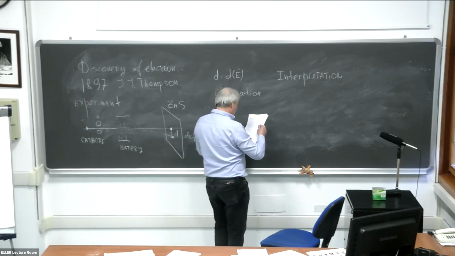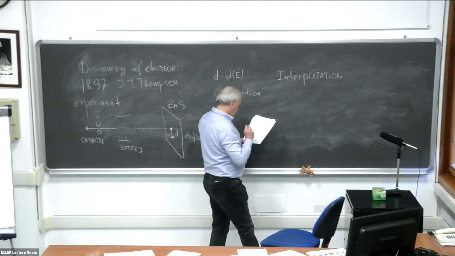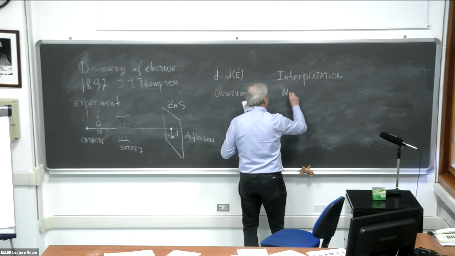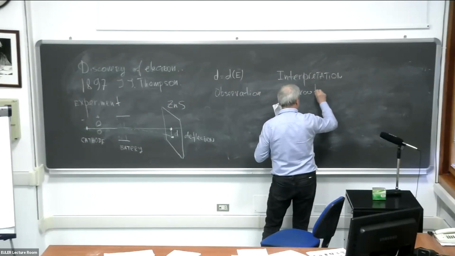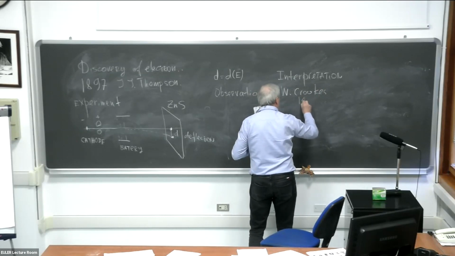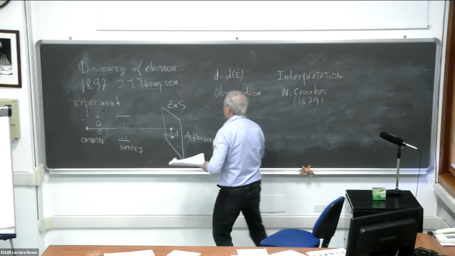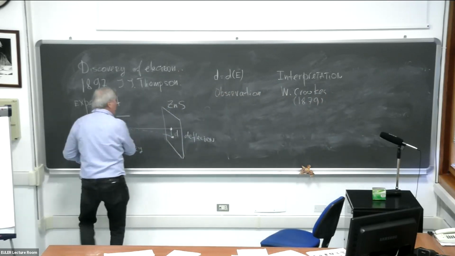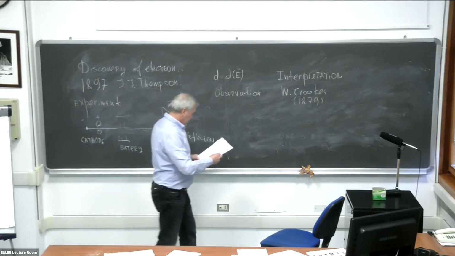The interpretation was the following. Actually, it was proposed even before J.J. Thomson by Crookes, who was saying in 1879 that these cathode rays are fluxes of particles, fluxes of charged particles.